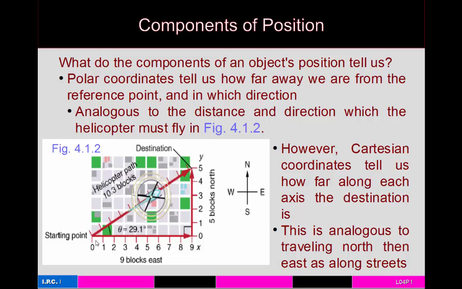The polar coordinates are analogous to what you would do if you had a helicopter and could take a straight line path. But if you're actually on foot or driving, you might have to follow the streets and therefore go along city blocks. And so your Cartesian coordinates are basically saying how many blocks over and how many blocks up are you going to have to go to get where you're trying to go.